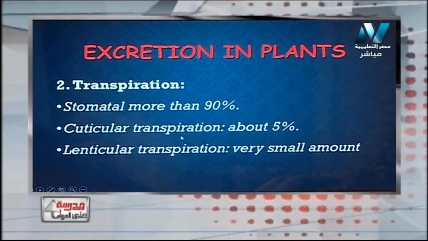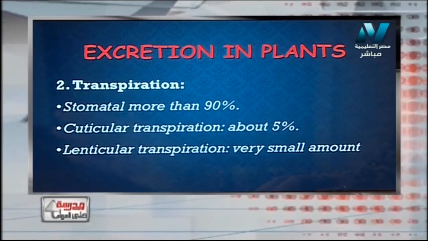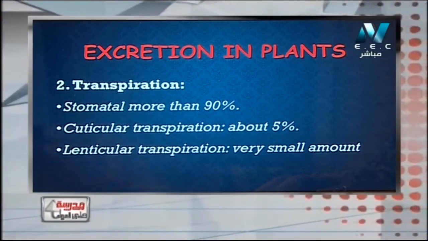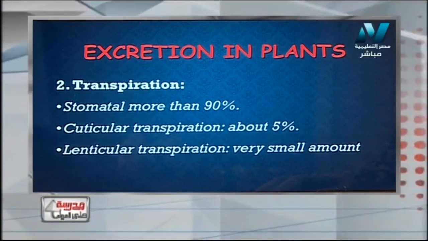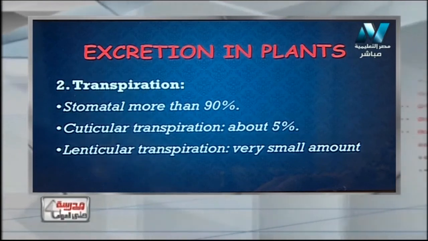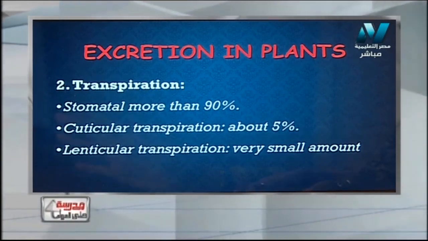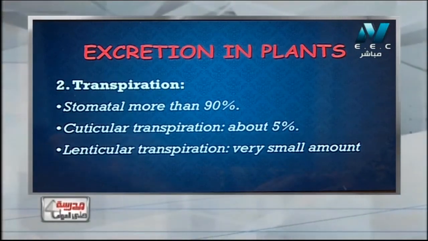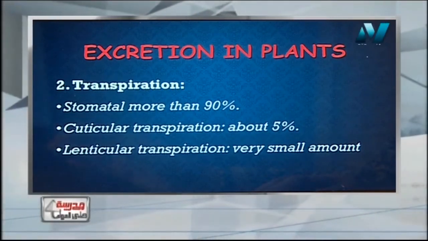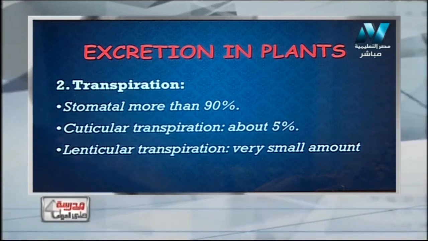And of course, we can carry out a comparison between guttation and transpiration. Remember, my dear student, that in guttation, the plant gets rid of the excess water in the form of liquid water, but in transpiration it is water vapor.